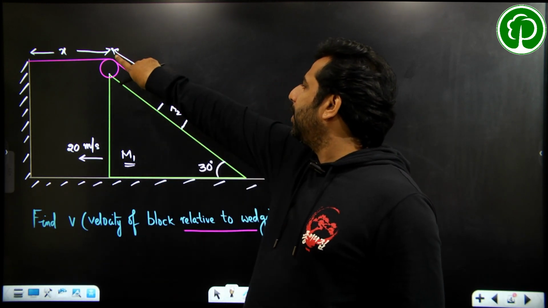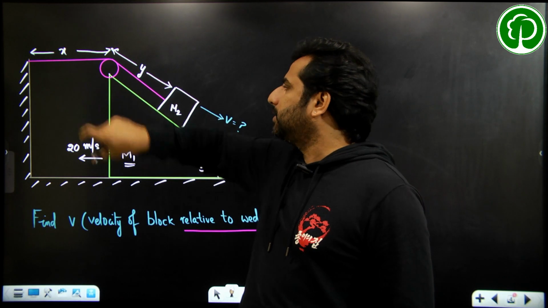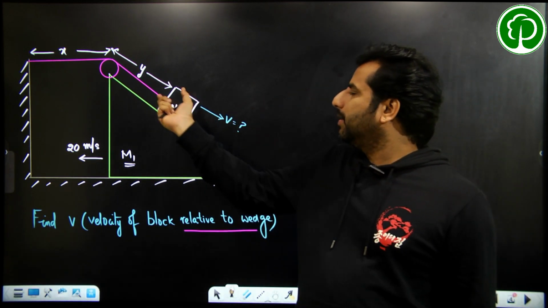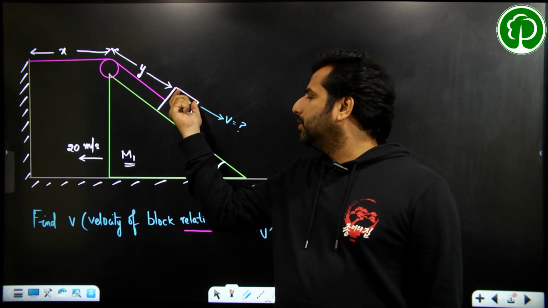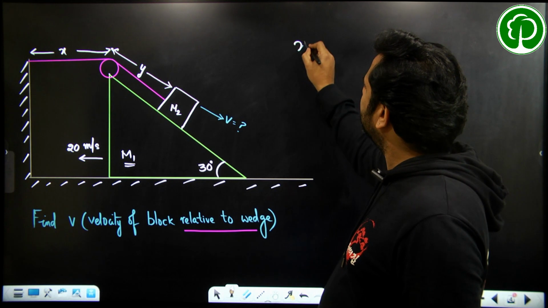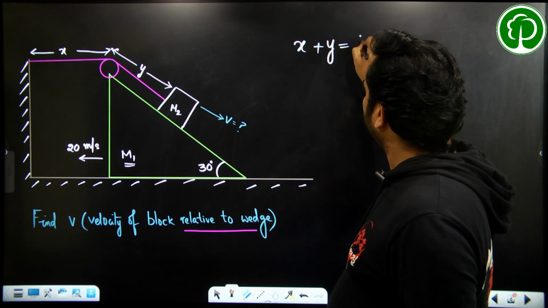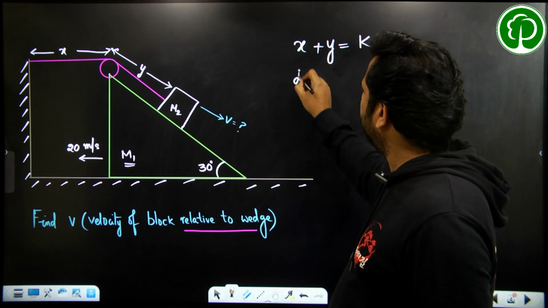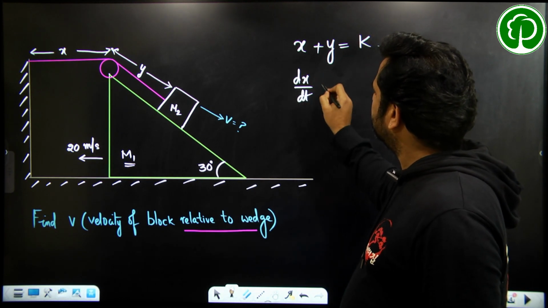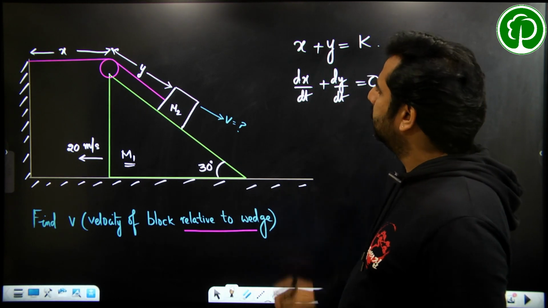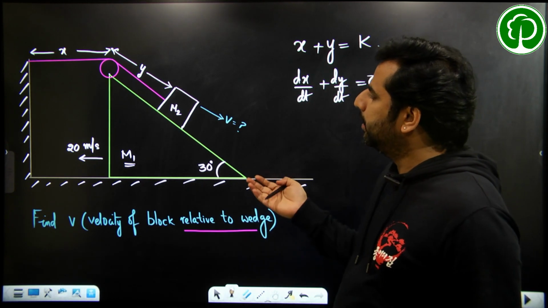Whereas the rate at which y changes with time, dy by dt, is simply v, that is the velocity of m2 relative to the wedge. Now if you observe this, the string length x plus y is constant. It's a very, very simple equation. So I can differentiate this: dx by dt plus dy by dt is equal to 0.